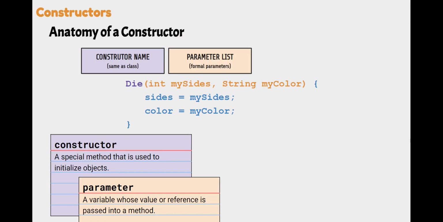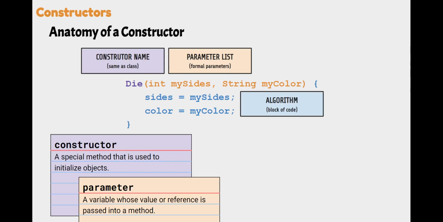So this die wants two pieces of information from you. It wants to know how many sides you want and what color you want your die. These are known as our formal parameters. It doesn't define the values for them. It just defines what kind of data that we want. The user will supply those values when they use this constructor.